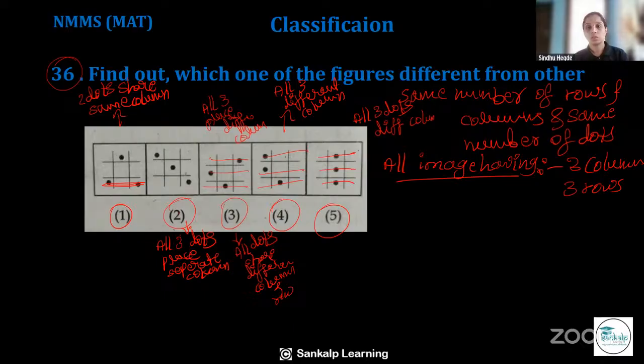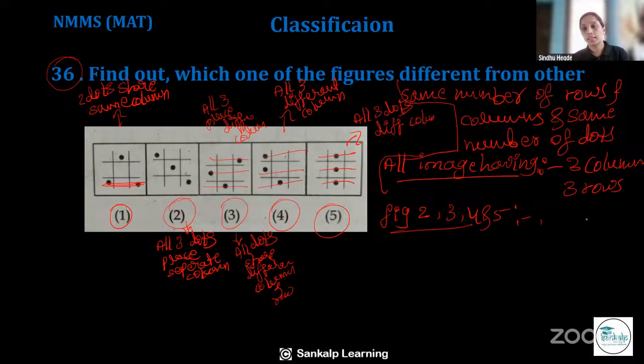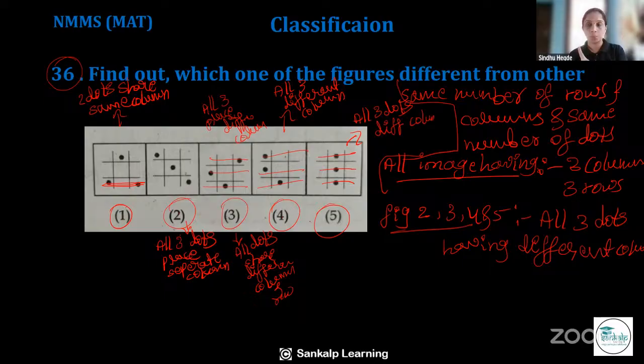So figures 2, 3, 4 and 5, all 3 dots are in different columns, so each column contains one dot only.